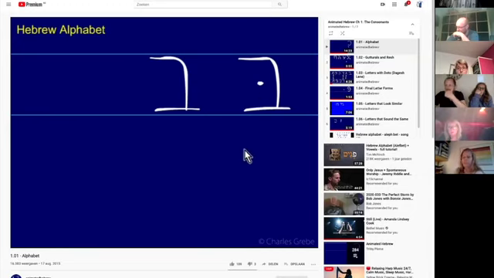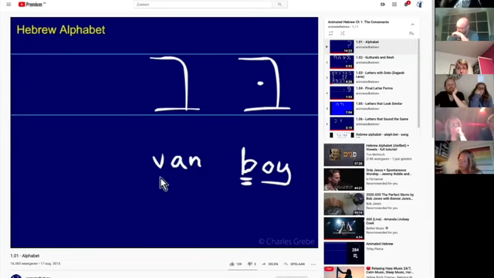Beit with the dagesh is a b sound, as in boy. And without it is a v, as in van. So Beit, pronounced b or v, depending on whether it has this dagesh or not.